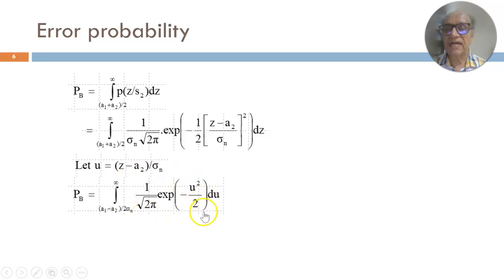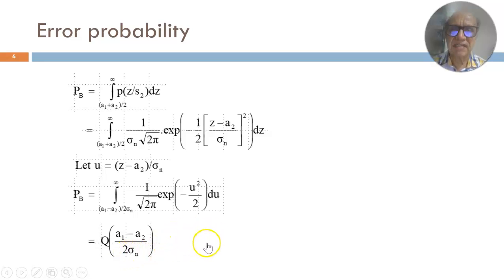This is now in the standard normal Gaussian form, and as we have studied, if you calculate the area over these limits, you get the Q function, Q of (a1 minus a2) upon 2 sigma n. Refer to the last lecture and it's easy to see that this is so. So the bit error probability is given by the Q function, Q of (a1 minus a2) upon 2 sigma n.